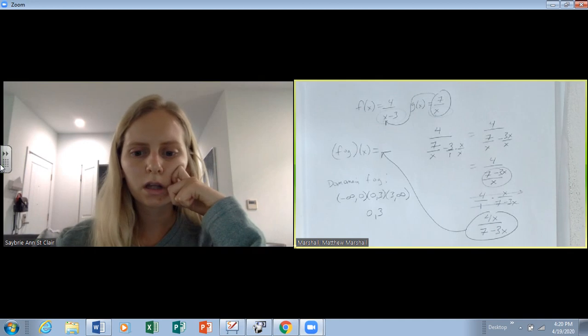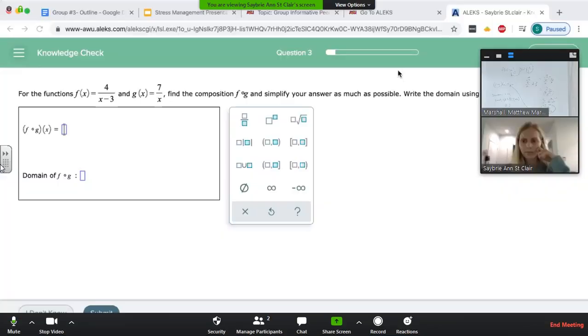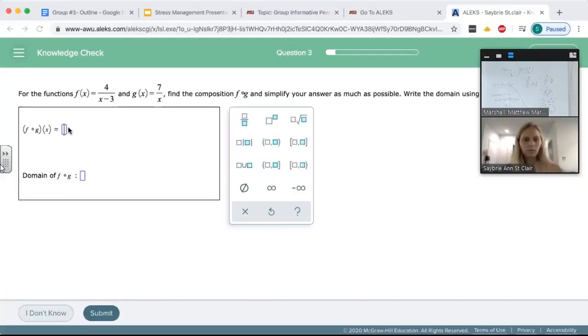And I think on these it's best that we don't spend super a lot of time on each one. We just move on, because it will just adjust what it is, and it is what it is. See that 4x over 7 minus 3x.